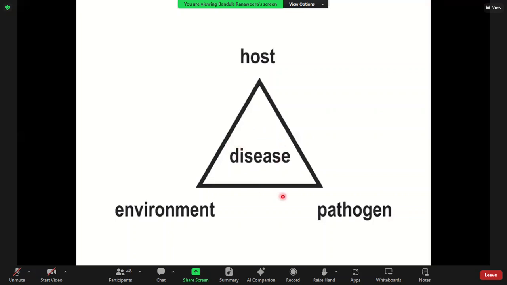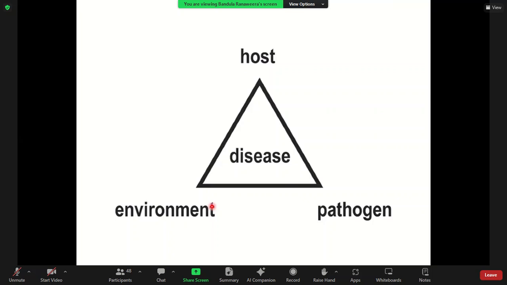So disease is created by the pathogen which is infecting the host, but to develop the disease in a host by a pathogen, there should be some required environmental conditions for the development of that plant disease.